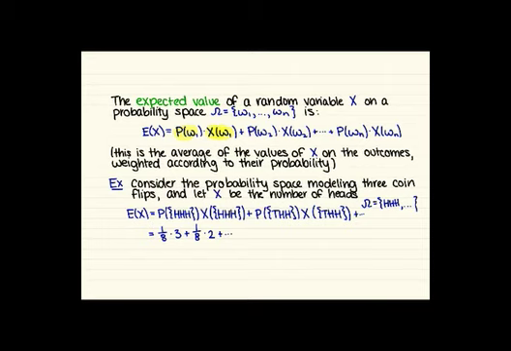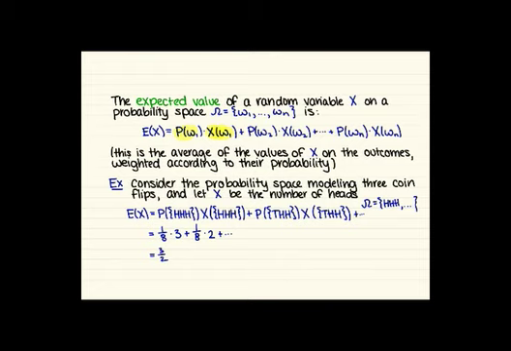So if you work this all out, you'll see that our expected value for the number of heads is 3/2 or 1.5. So that kind of makes sense intuitively that out of flipping 3 coins, on average we should get 3/2 heads, since heads and tails are equally likely for a fair coin.